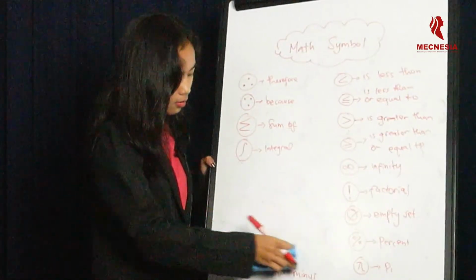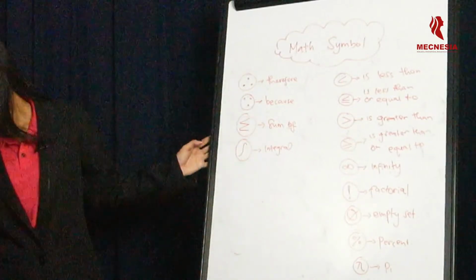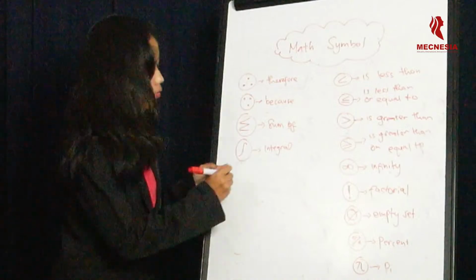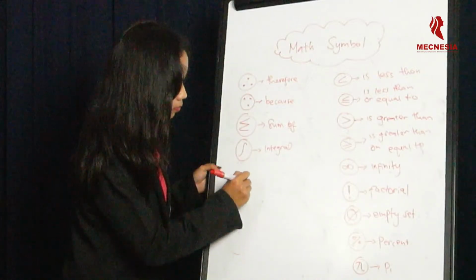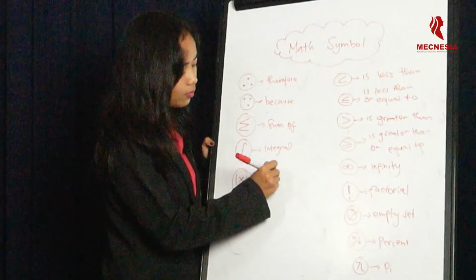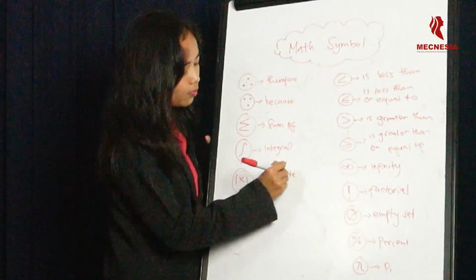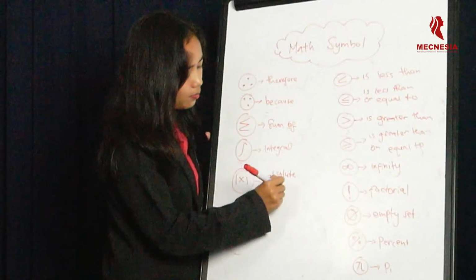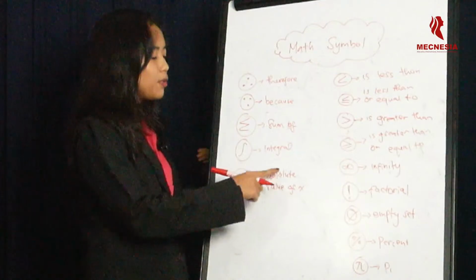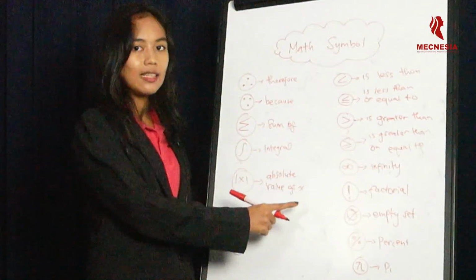Next, we have seperti ini. This one is absolute. Okay, this one is absolute value of x.